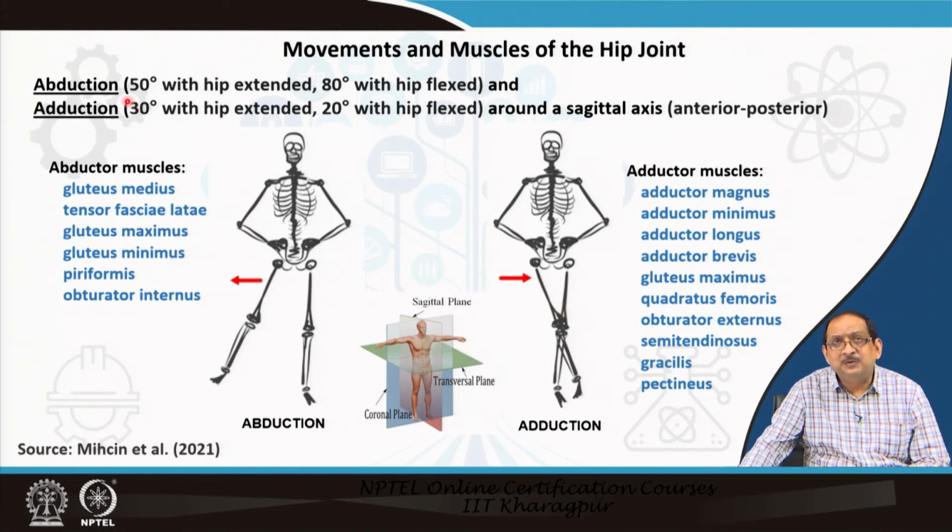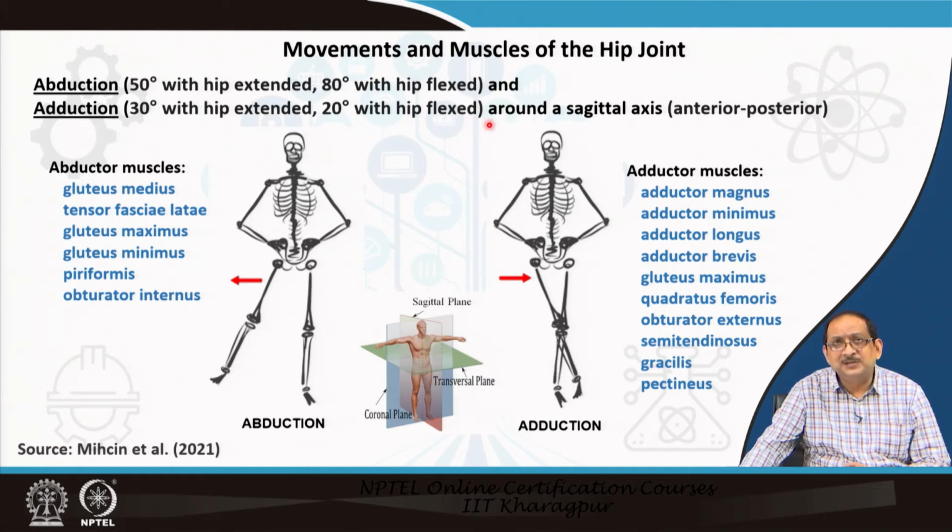Now, the maximum angle during abduction is 50 degrees with hip extended and 80 degrees with hip flexed. For adduction, it is 30 degrees with hip extended and 20 degrees with hip flexed.